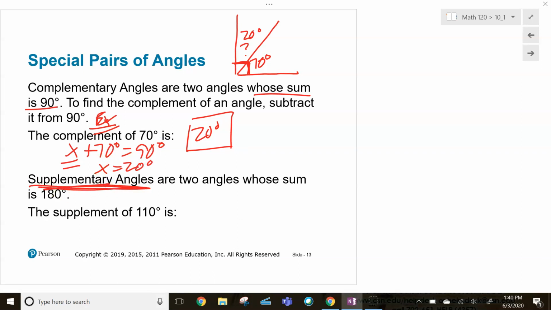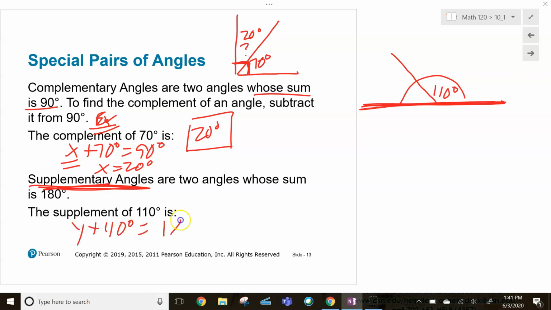Supplementary angles: when you hear supplementary, think straight, so 180 degrees. It says the supplement of 110 degrees. So let's say we rotate 110 degrees, and remember, they have to add up to 180 together. So y plus 110 has to add up to 180 degrees.